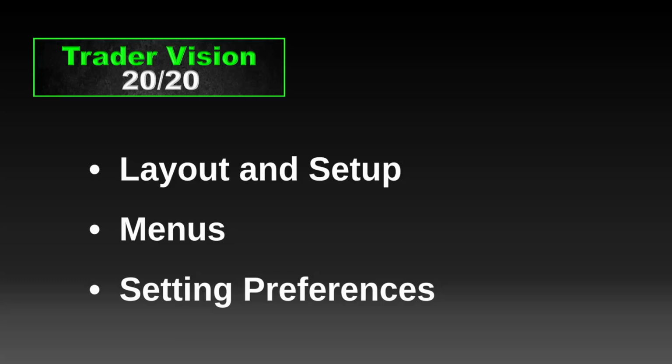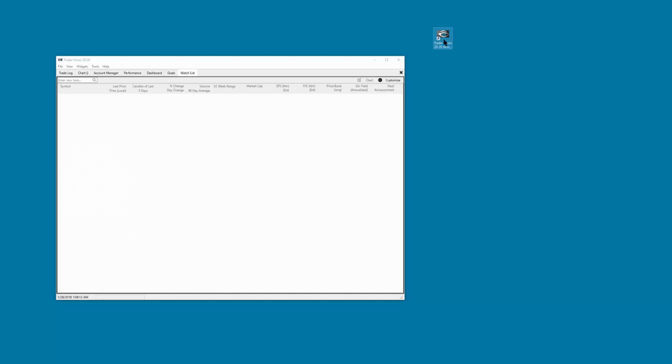So let's get started. As you saw last time, when you open TraderVision by double-clicking the desktop icon or by running it from your Start menu, you get basically this look. This is the initial installation, what TraderVision looks like.